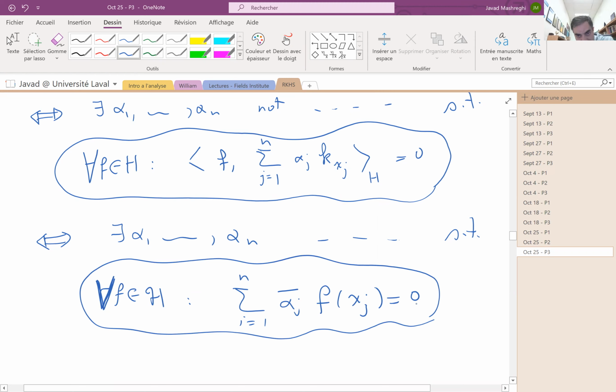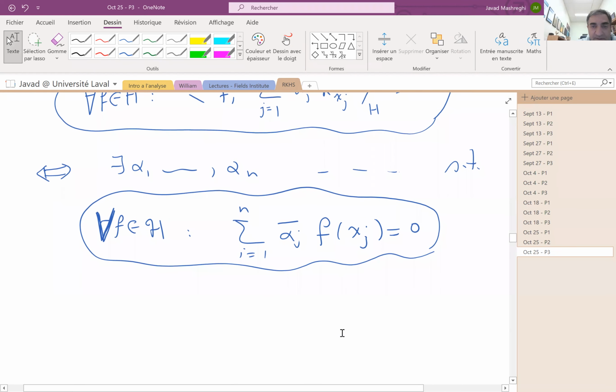And this means that there is a non-trivial linear relation which works for all elements of this space. It's just a formula, but it means that there is a non-trivial linear dependence between the elements.